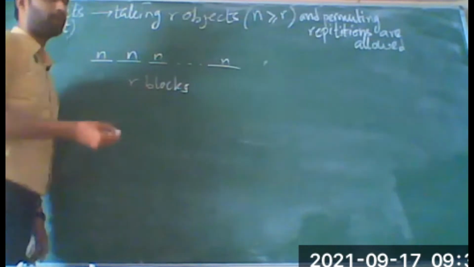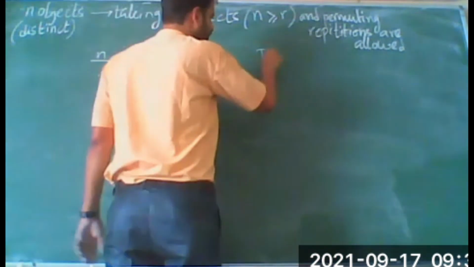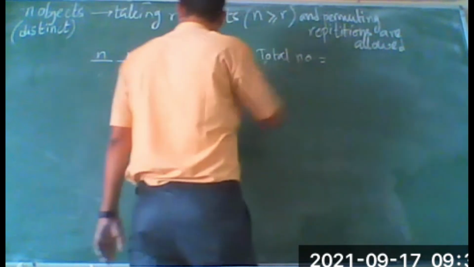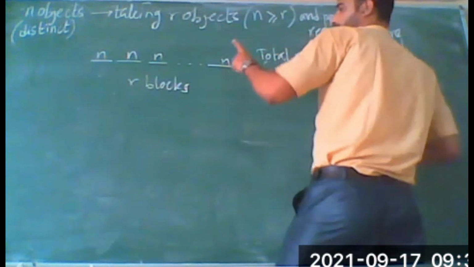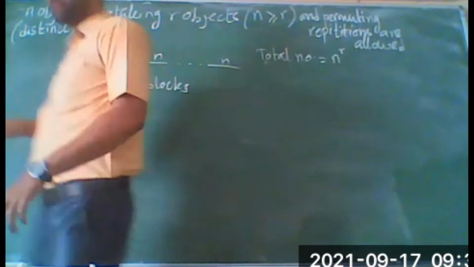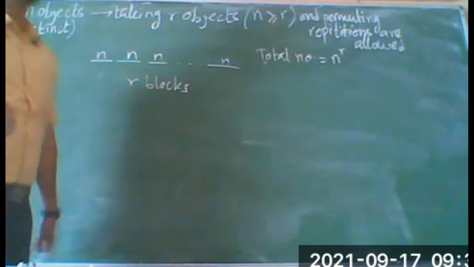So in the number of permutations, what we are actually doing is multiplying all these possibilities, and it is r times we are multiplying n. So it should be n to the power r.